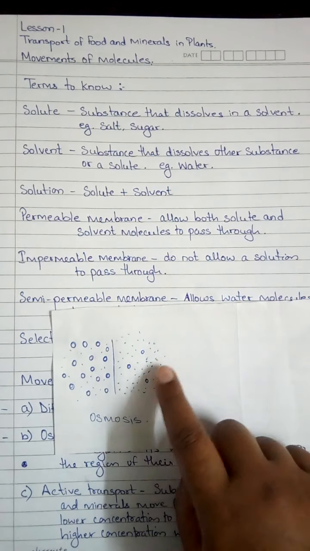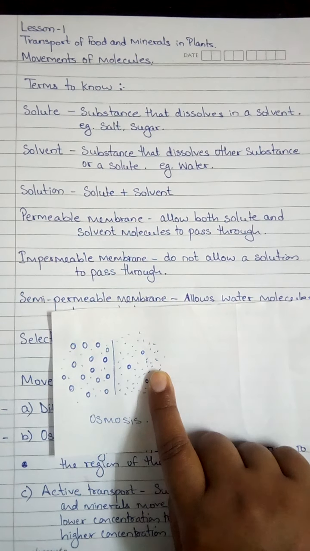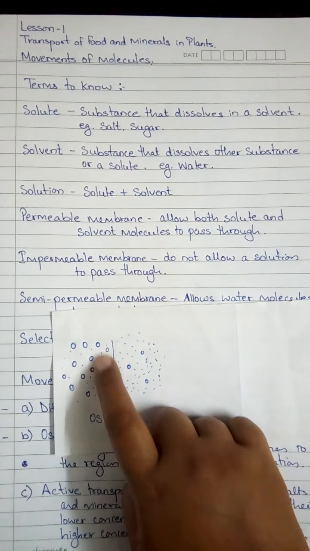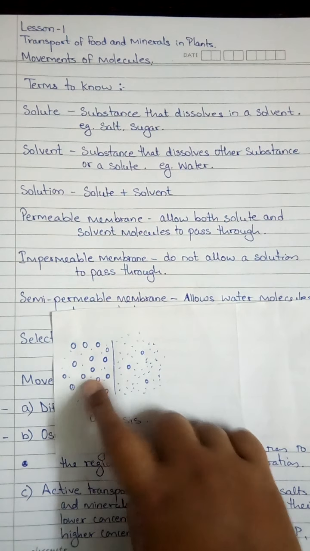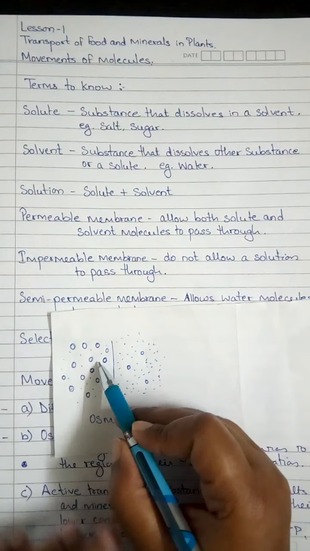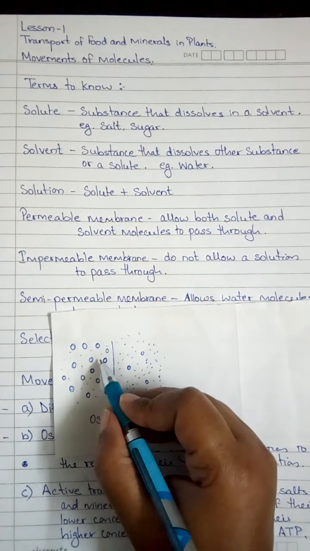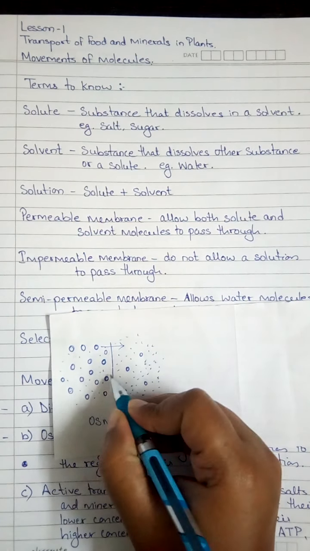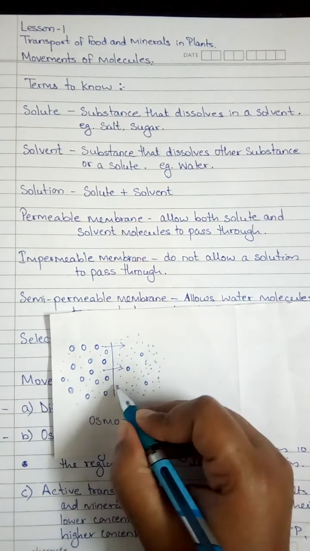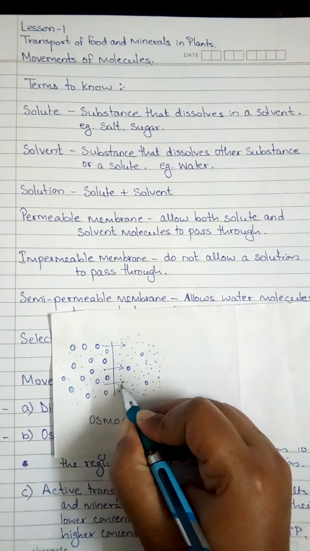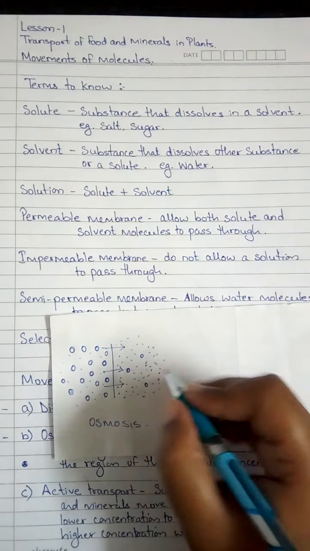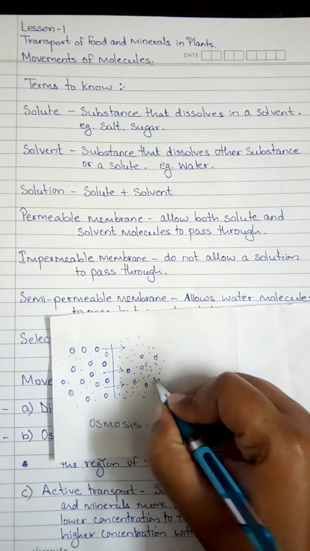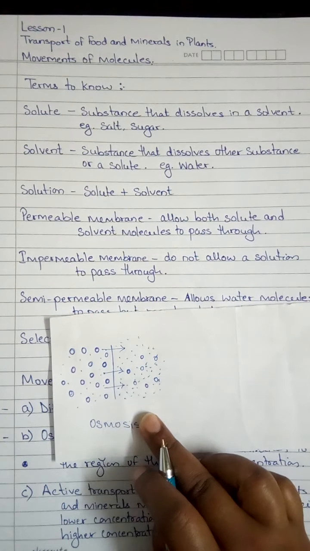Now inside the root the water molecules are less, outside the root the water molecules are more, because the concentration of water molecules over here is more. Okay, these are the water molecules, so these molecules will move inside the root, right, because they have to equal the concentration. So the water molecules will get inside. This is called as osmosis.